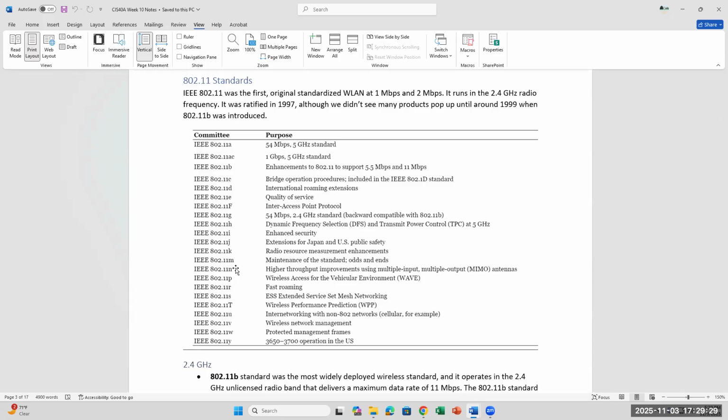Well, everything is breakable if you have the resources and the time. Eventually you'll be able to crack the actual passphrase or key to the network. But they improved that, and as you can see, there are a lot of other standards in between, right?